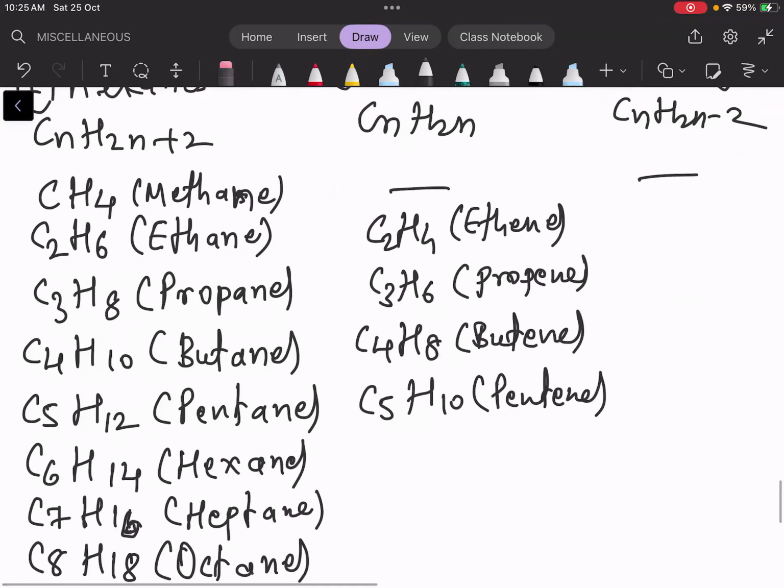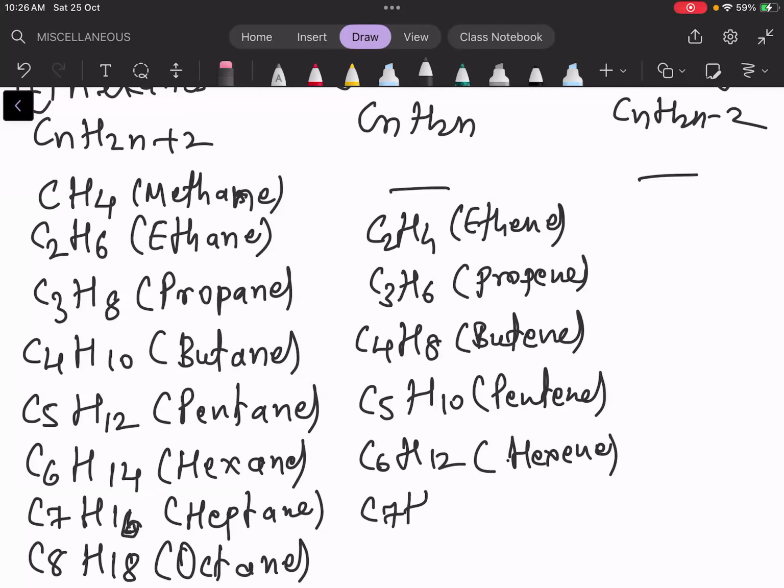N is equal to 6, C6, H, 2 sixes are 12, C6H12, nothing but hexene. Then n is equal to 7, C7, H, 2 sevens are 14. So C7H14.